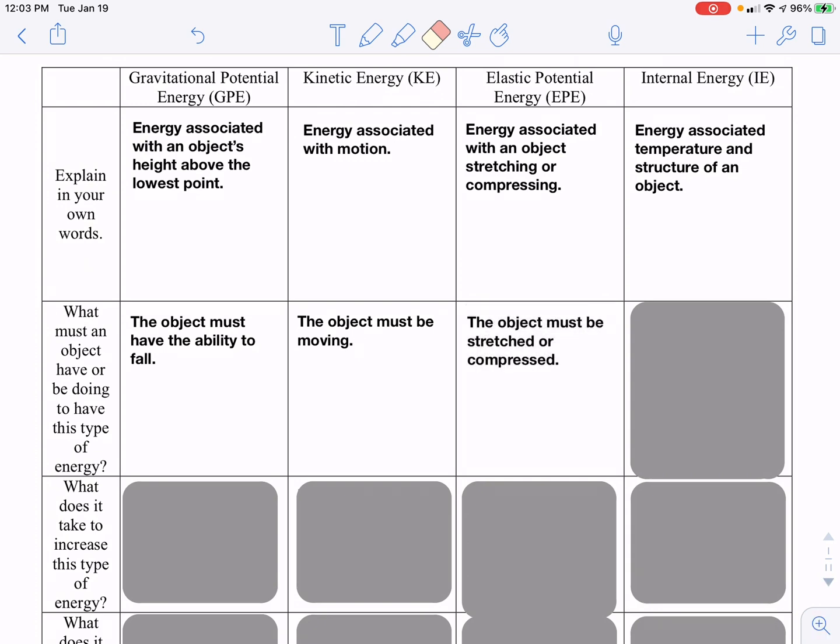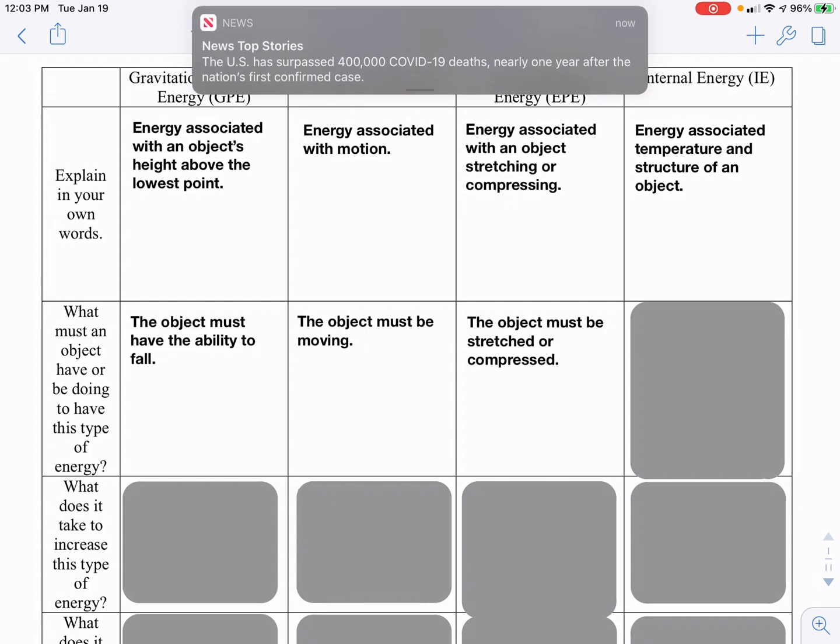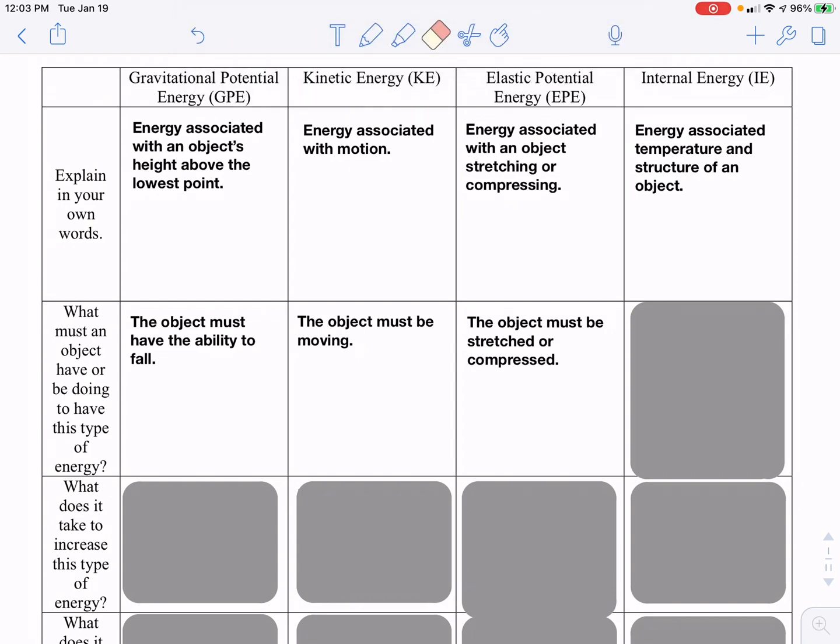An object must be stretched or compressed and want to go back towards an equilibrium position. And internal energy also relates to the object must be moving, because the more we're moving, the more kinetic energy we have, the higher the temperature that will be associated with it.